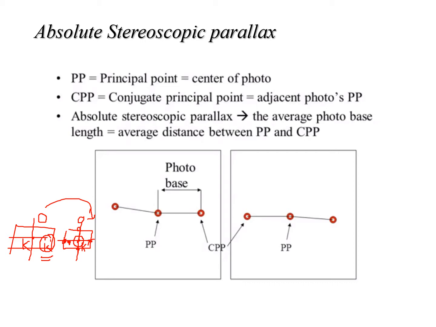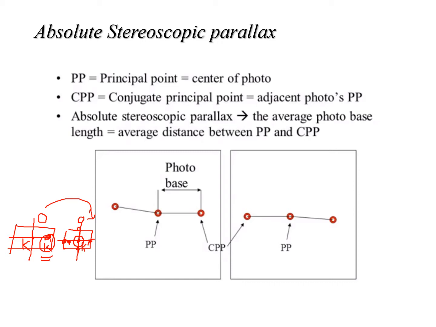Where they intersect, that will form the principal point. So K dash can be identified at what object it will be coming. The same object is identified in the first photograph, indicating the next principal point.